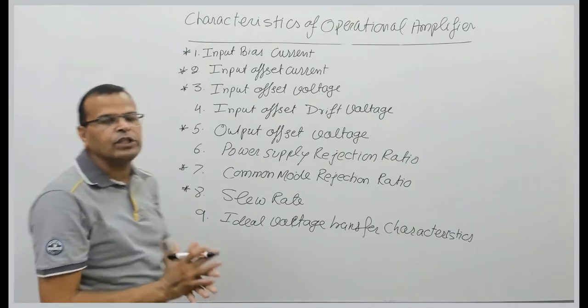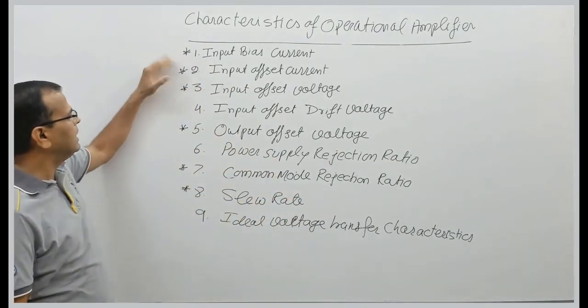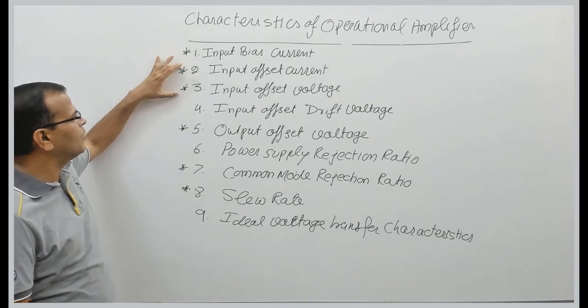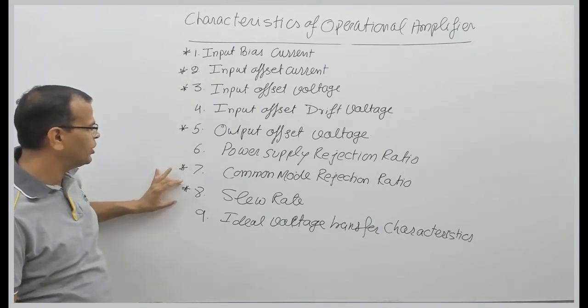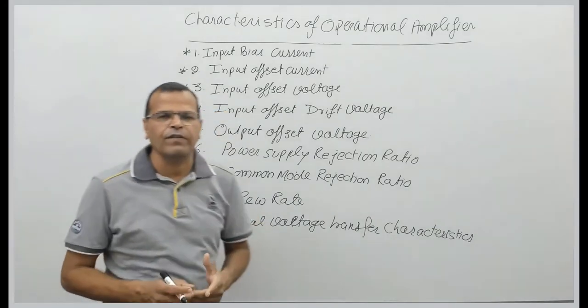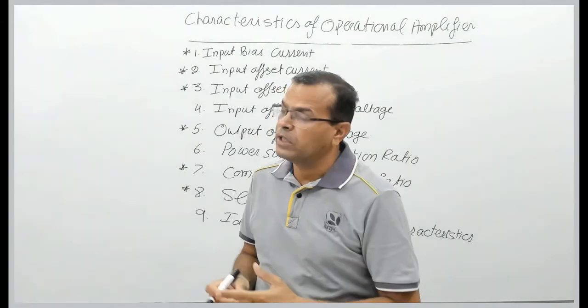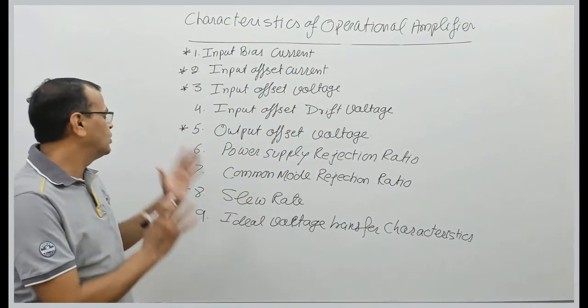All the questions from this topic appear from these, that is input bias current, input offset current, input offset voltage, output offset voltage, common mode rejection ratio, and slew rate. The remaining characteristics are just for sake of coverage. You don't have questions in different exams from these remaining topics.